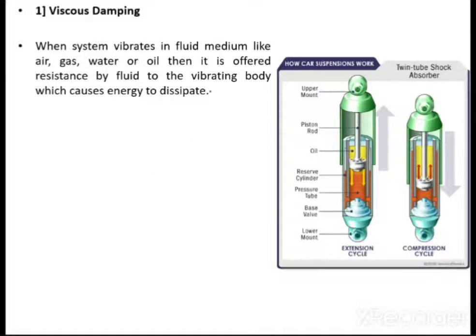To remove this energy, if you are using an air, gas, water, or oil medium, the resistance is offered by this medium. Such a resistance to motion is called viscous damping. I hope it is clear to you.